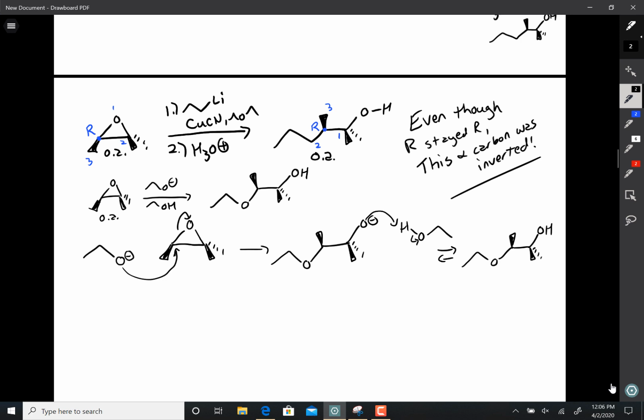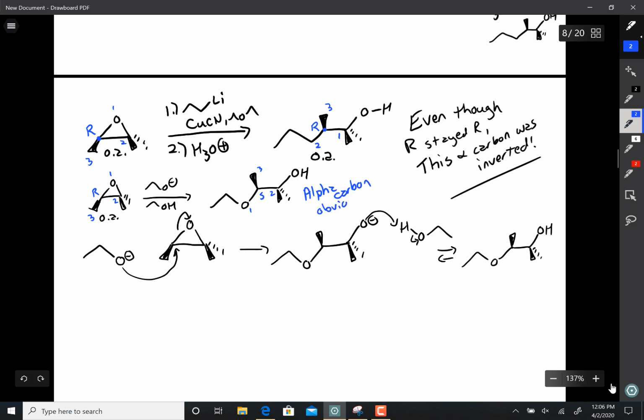If we figure out R and S here, 1, 2, 3, that's an R chiral center. 1, 2, 3, that's an S chiral center. Here, the alpha carbon obviously inverted by this mechanism.